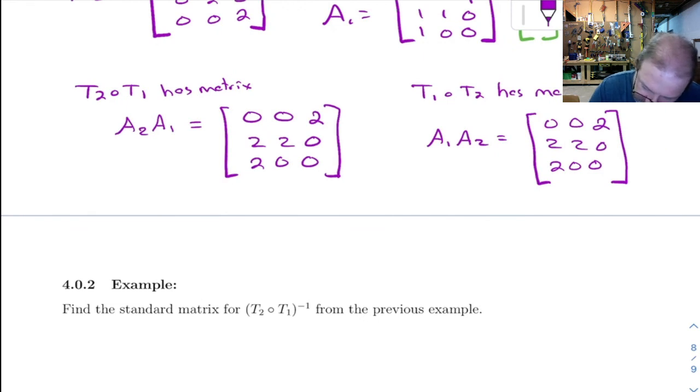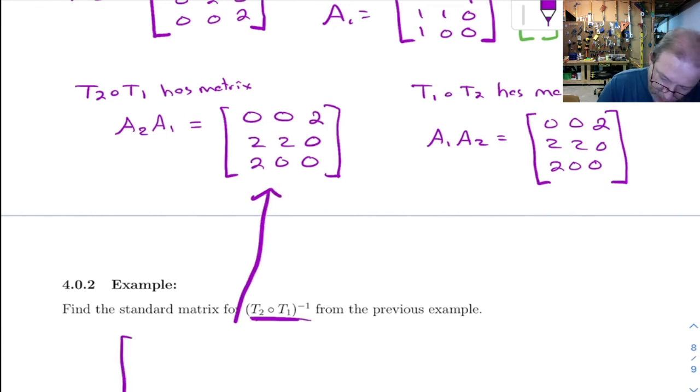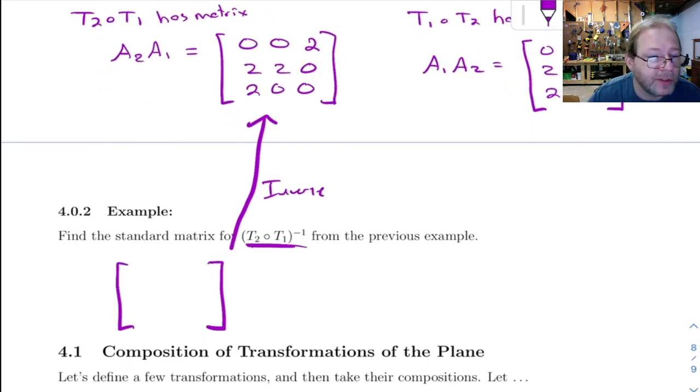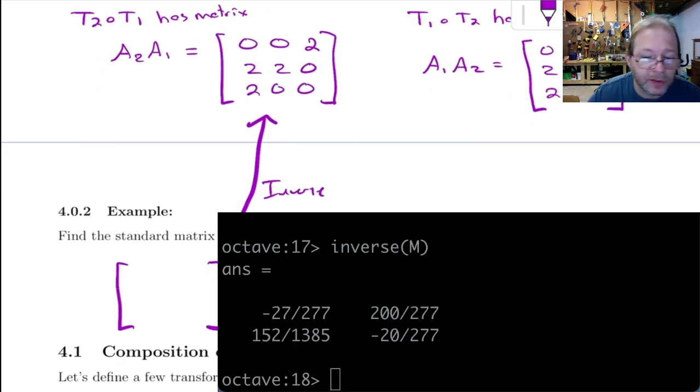Okay, this next one, find the standard matrix for the inverse of T2 after T1 from the previous example. So that's the inverse of this. Well, the inverse of that matrix is going to be something. We could work it out. I'm sure it wouldn't take but a minute, but we're going to use octave.